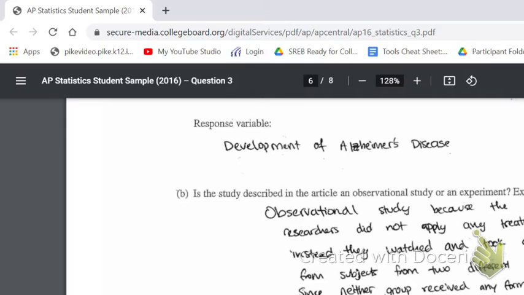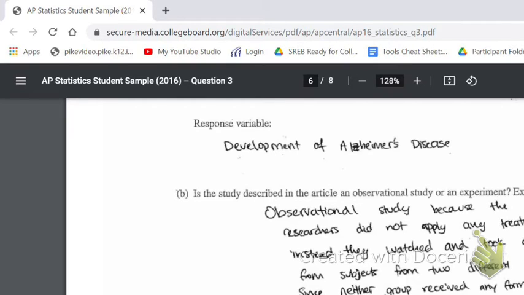Because the levels of the explanatory variable are not identified in the context as the potential treatments, they received a partially correct here. So we know it's an observational study because treatments were not assigned. The treatments, had it been an experiment, would have been smoking and not smoking.